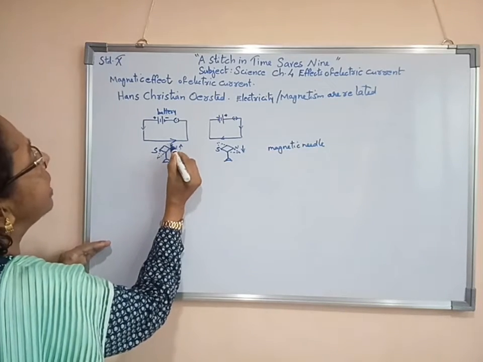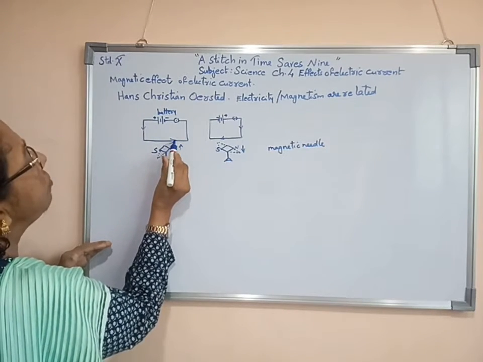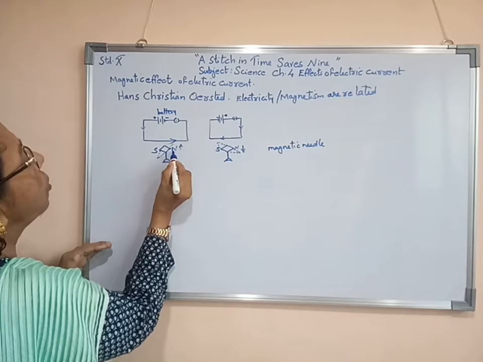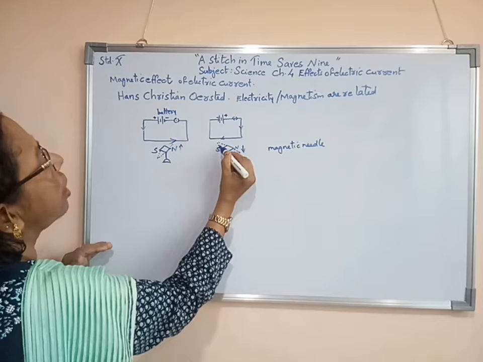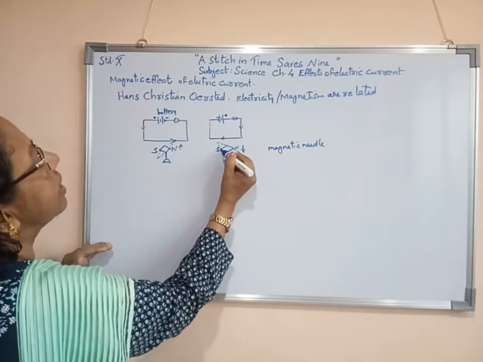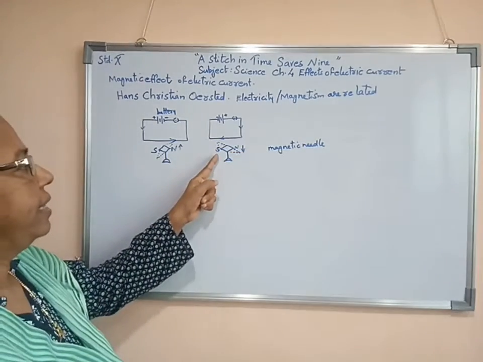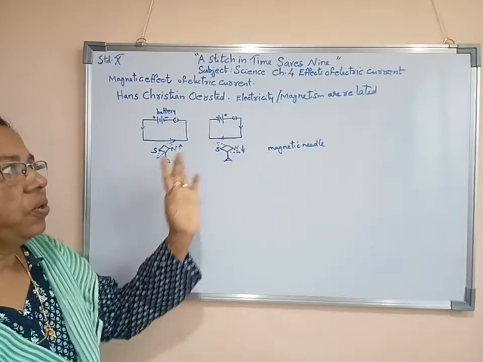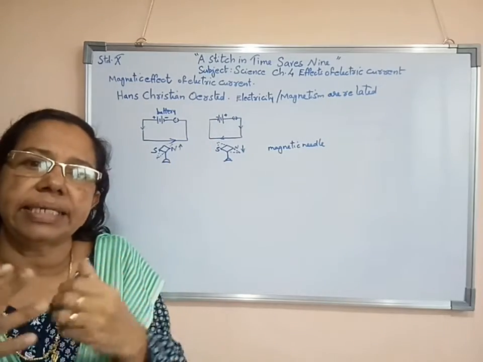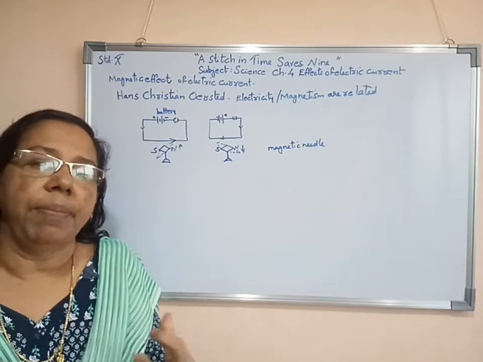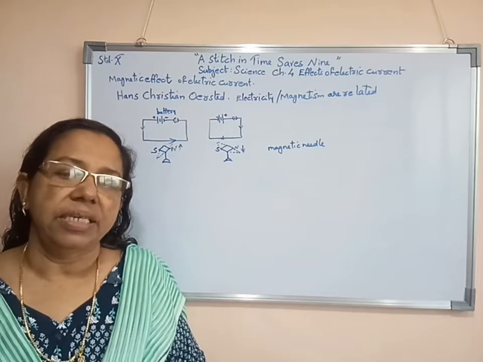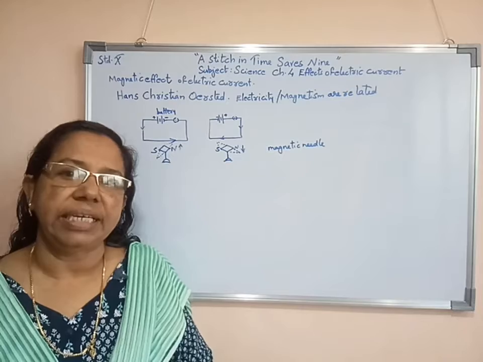Here the north pole deflected, as the north pole is kept here. Here the south pole deflected, as we kept the south pole of the magnet in this direction. So towards whichever direction the current flows, the magnetic needle deflects. We studied two ways of deflection here.